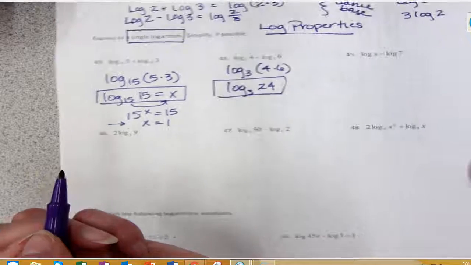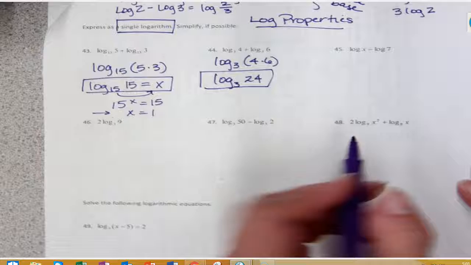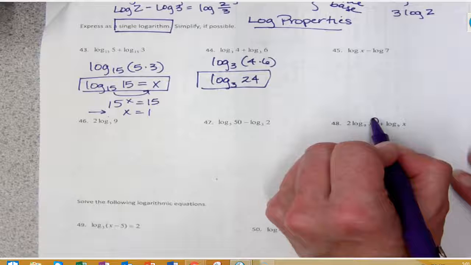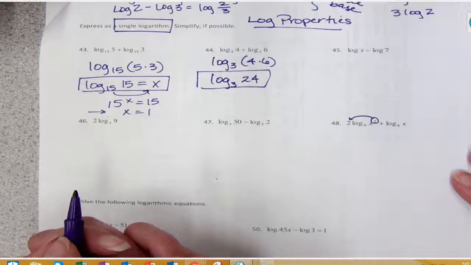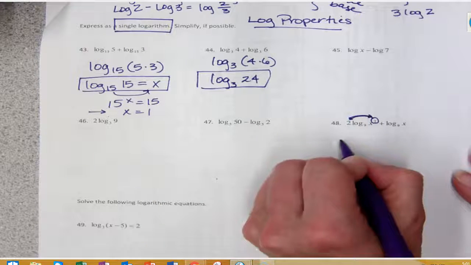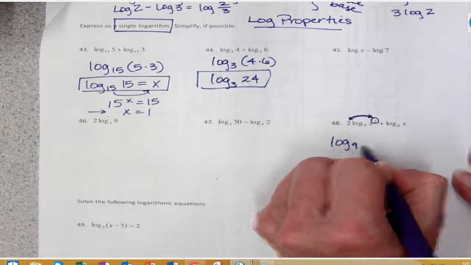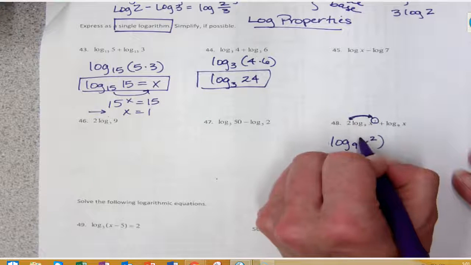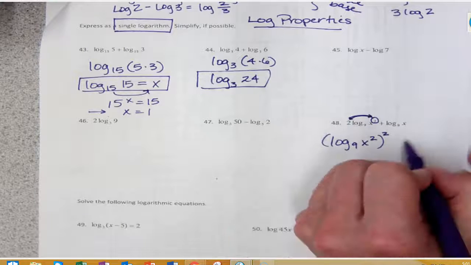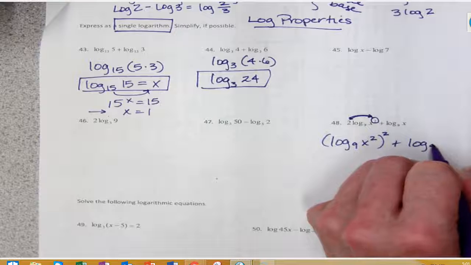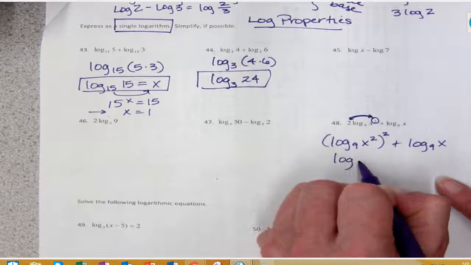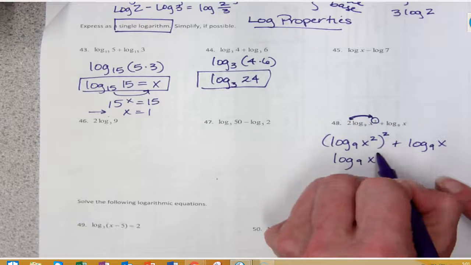All right. So this may be the harder one. You basically are going to take this. Actually, the opposite. Move it over here. So that's going to be log base 9 x squared. Squared, that moves up, plus log base 9x. Now you multiply those two together and you get log base 9x. 2 times 2 is 4.